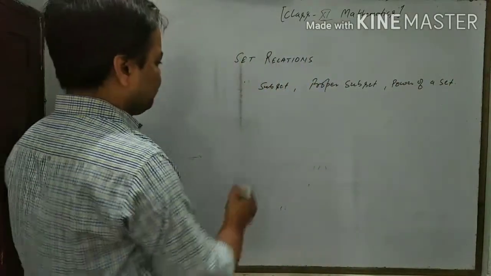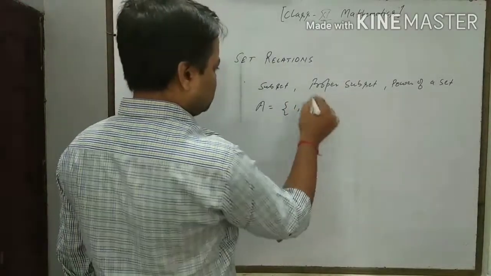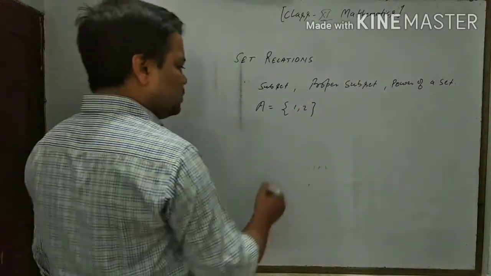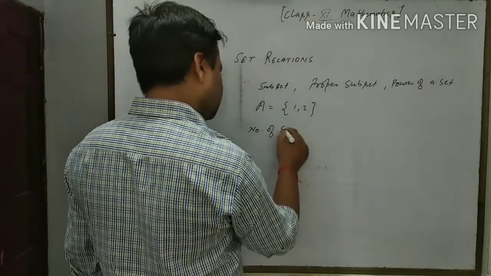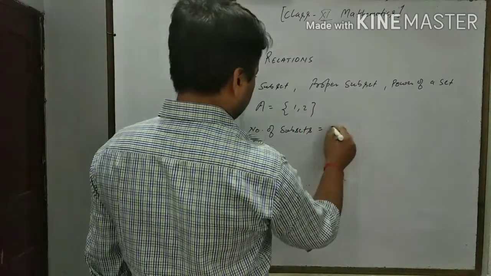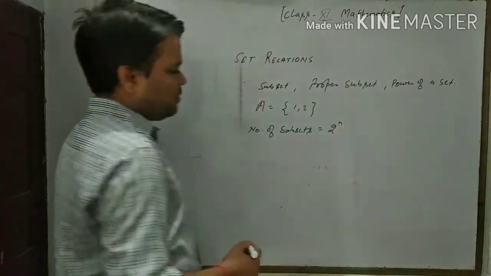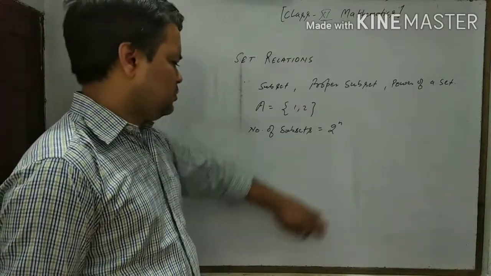If we make here an example, 1, 2, the number of subsets is equal to 2 raised to the power n. This is the formula. I think this is not new for you.